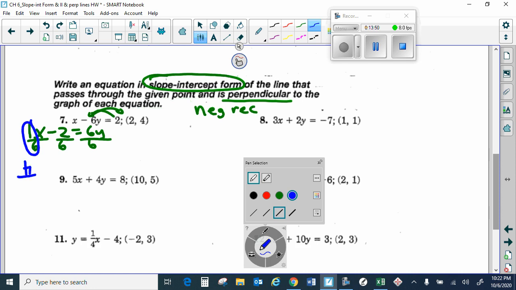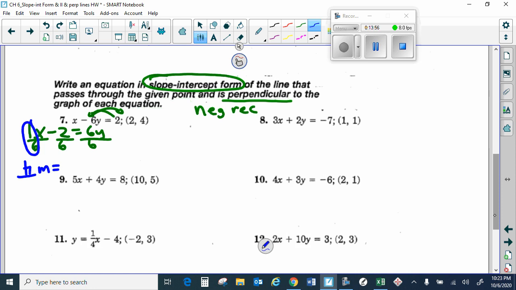Now I want the perpendicular slope. Remember, that means negative reciprocal. So 1/6, the negative of that is negative, and the reciprocal of 1/6 is 6 over 1, or 6. 6 divided by 1 is 6. So the negative reciprocal slope I'm going to use is negative 6. Again, point-slope form to start with. y minus the y coordinate equals m, negative 6, times x minus the x coordinate.